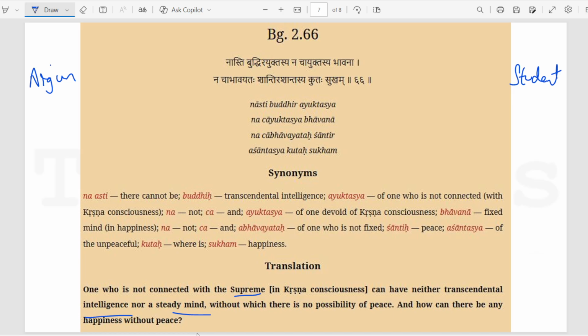So essentially, after all of these explanations and build up, Krishna is attacking the root of the problem, that this entire happiness optimization game that you are playing in some way or the other, whether you know it or not, without connecting with the Supreme, you cannot win this game. So that is what Krishna is ultimately coming to, that connect with that Supreme.